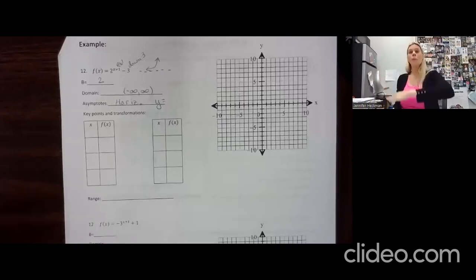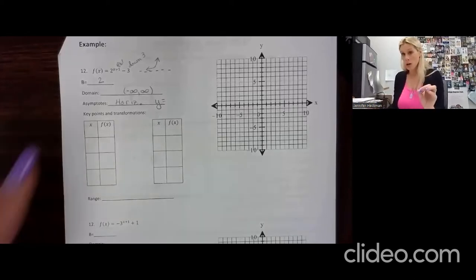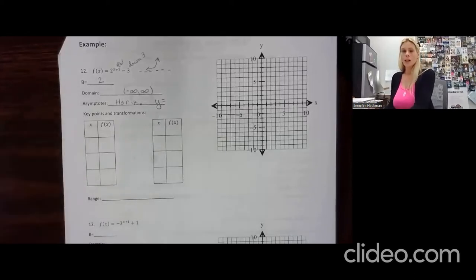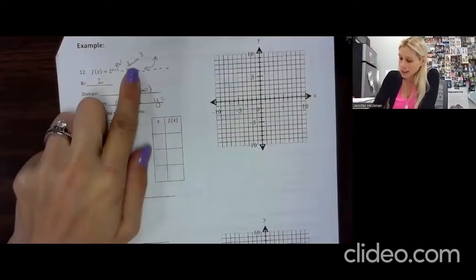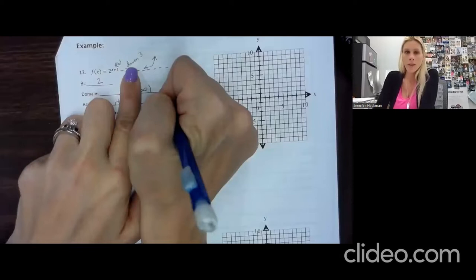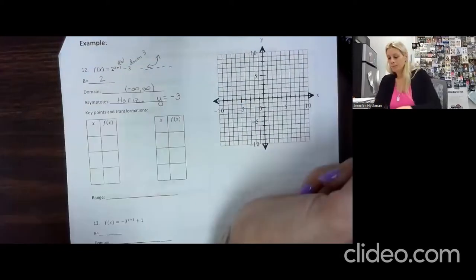So I have to move up and down. So the way the asymptote for an exponential moves is up or down. So remember, the parent function was at 0, and this function moves it down 3. So that means the asymptote now is at -3, because again, that horizontal asymptote is moving up or down.